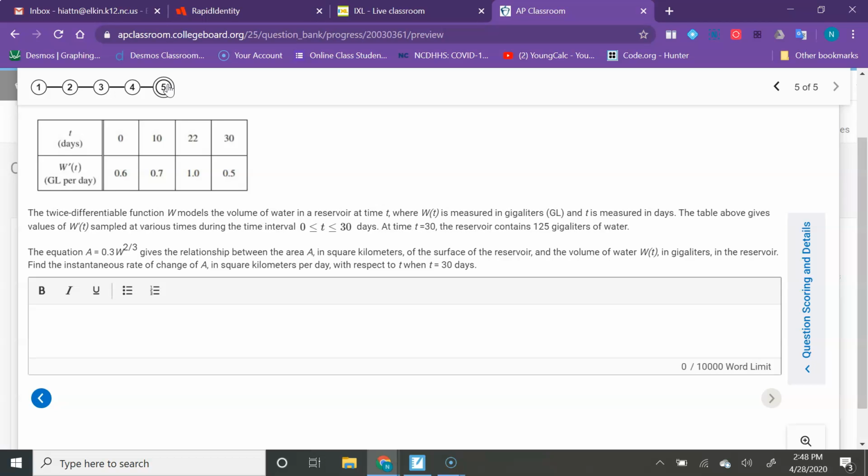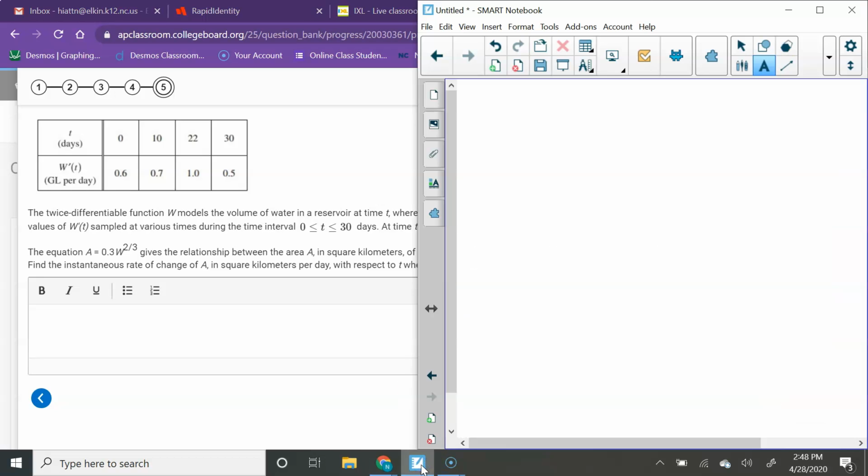We're supposed to find the instantaneous rate of change of A in square kilometers per day with respect to t when t equals 30. So A equals 0.3 W to the 2/3.